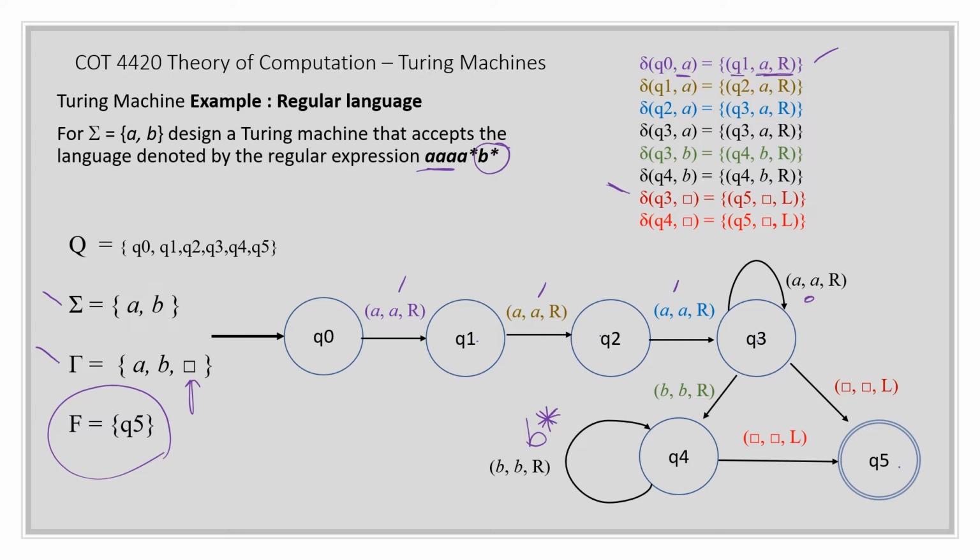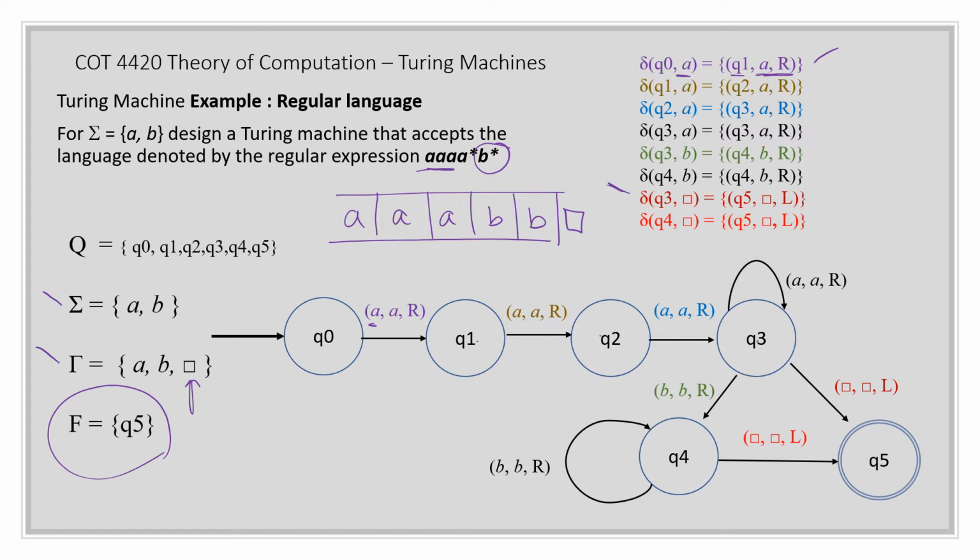What these transitions are: if there's an A on the tape, I leave the A on the tape and I move right. So this would represent the tape: A, B, B, blank.